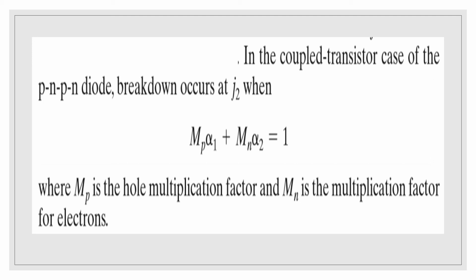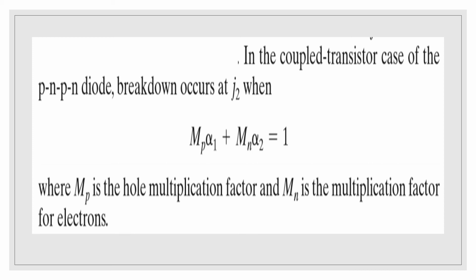Therefore, base narrowing and avalanche breakdown serve only to start the switching process. It means avalanche multiplication and base narrowing are used to start the switching process.